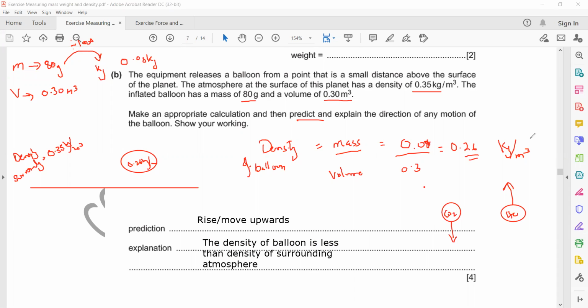That is because the carbon dioxide density is higher than the atmospheric density, so it will sink. But the density of the helium is less than the density of the surrounding, so it will rise. Is it clear? The second part, part B, the calculation and explanation of part B.